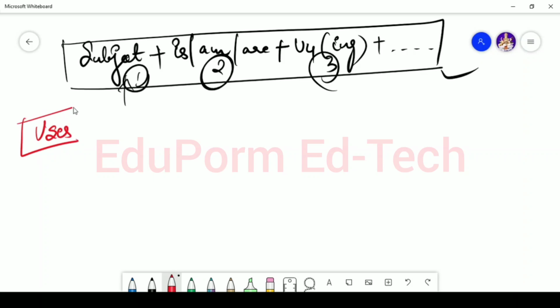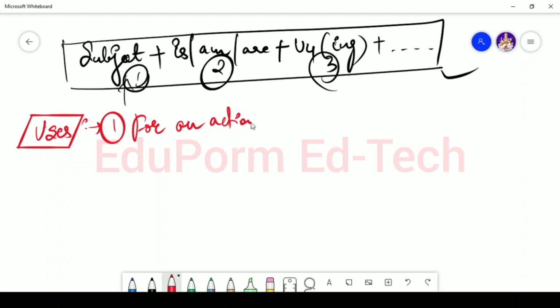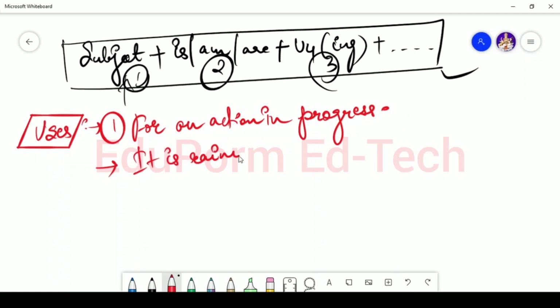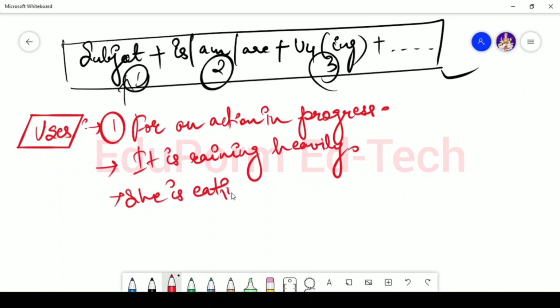Okay, now we are going to talk about the uses. First of all, you use present continuous tense to talk about an action in progress. Let's say, for example, it is raining heavily, or the second example is she is eating right now.